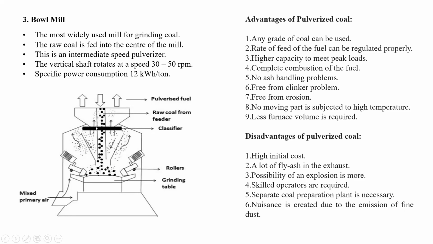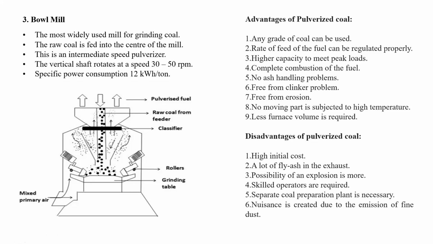Raw coal from the feeder is fed to the mill through the central pipeline, and from the other pipelines the fine coal is taken to the furnace with the help of primary air, through pipelines at all four corners of the furnace.